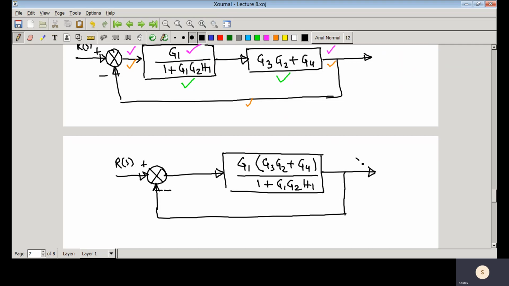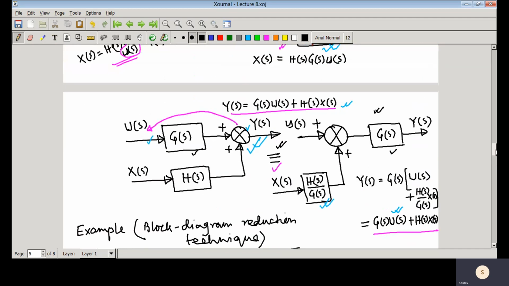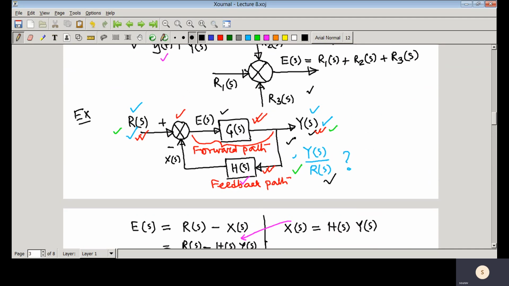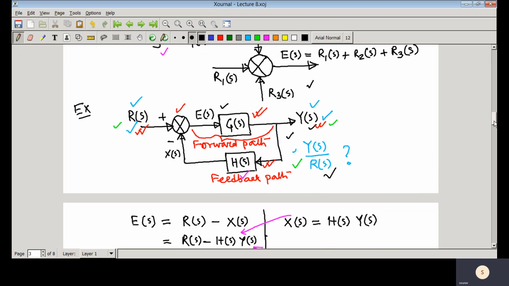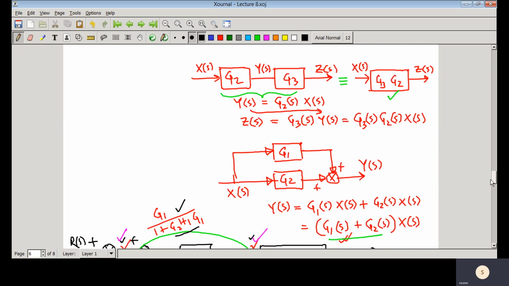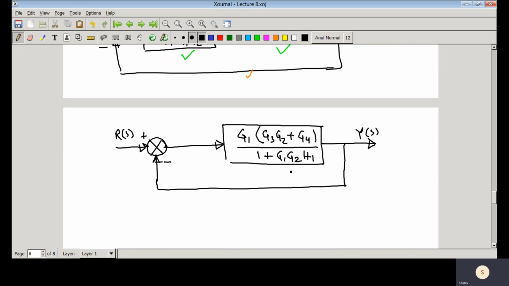Then what is the transfer function from R(s) to Y(s)? You can again apply the structure that we have done here: forward path transfer function divided by 1 plus the product of forward path and feedback path transfer functions. Here you can see the forward path transfer function.